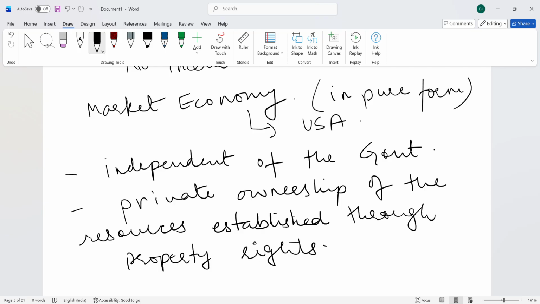All right. And so it's basically the market that decides what to be produced, how to be produced, and for whom to be produced. That is how the distribution will be done, or who gets what.